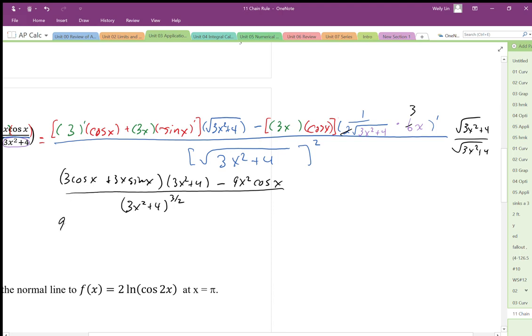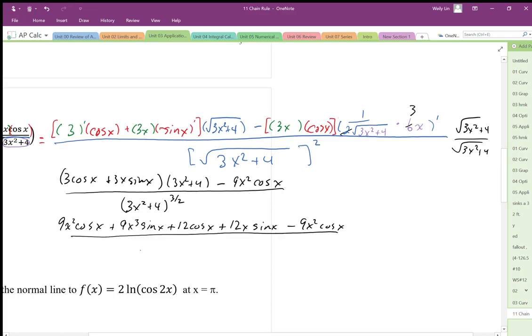So I get 9x squared cos x first plus 9x cubed sine x plus 12 cos x plus 12x sine x minus 9x squared cos x. Ooh, that's a lot of writing. Over 3x squared plus 4 to the 3 over 2. We can cancel those out.